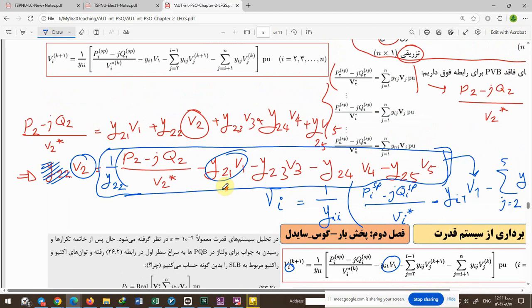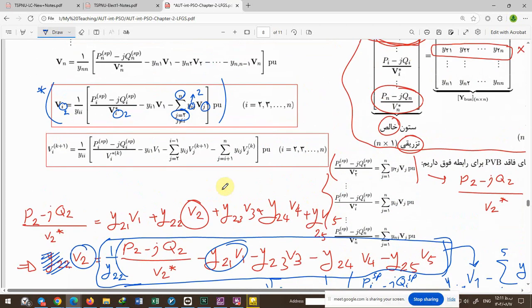Another important thing we have to pay attention to is that we don't have the amount of Vi. We write this formula to find Vi, but in finding Vi, we also use Vi.